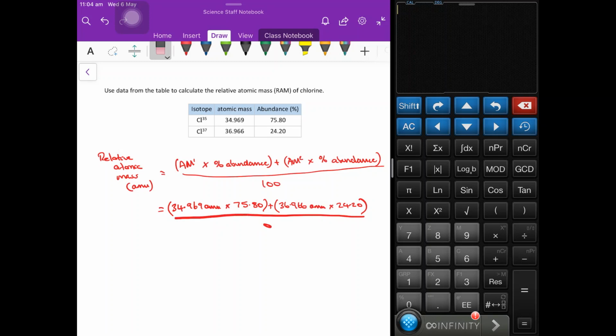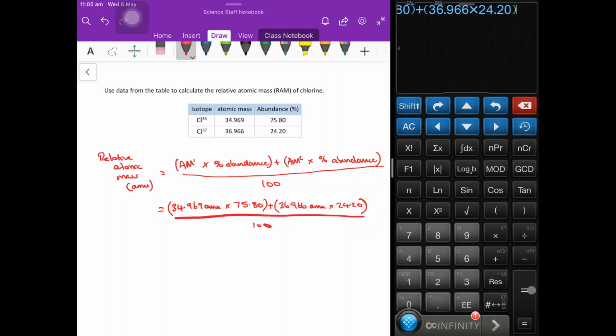Just tidy that up. And now I go over to my calculator and I put in all that information and I solve. So let's go. I open brackets, 34.969 times 75.80, close brackets, plus, open brackets, 36.966 times 24.20, close brackets.